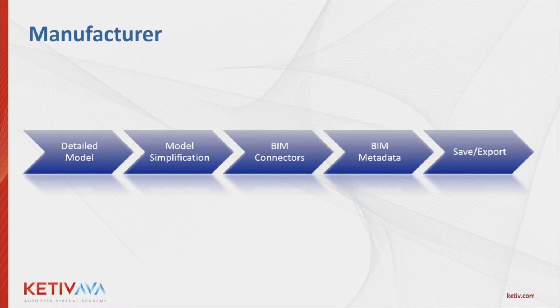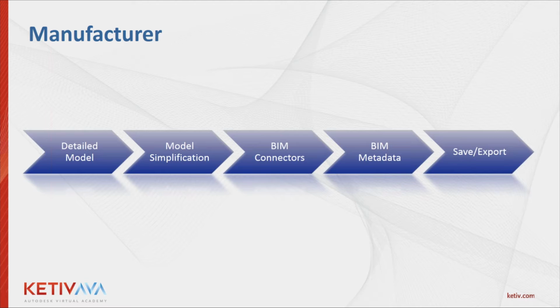So being a manufacturer, I just wanted to go over the process really quick. The process is you're going to have usually a detailed model. It's going to have bolts, it's going to have all the holes, depending on what it is, right? It could be anything from a skid structure to a lighting fixture. You're going to have a detailed model.